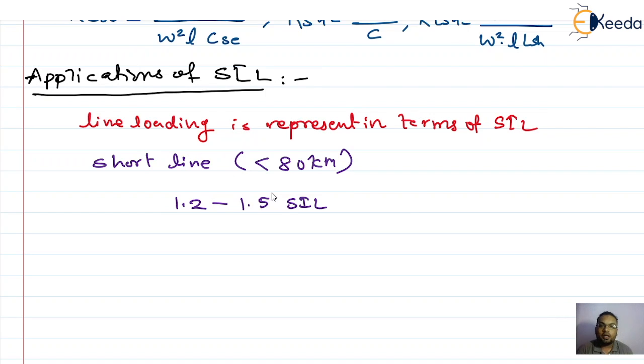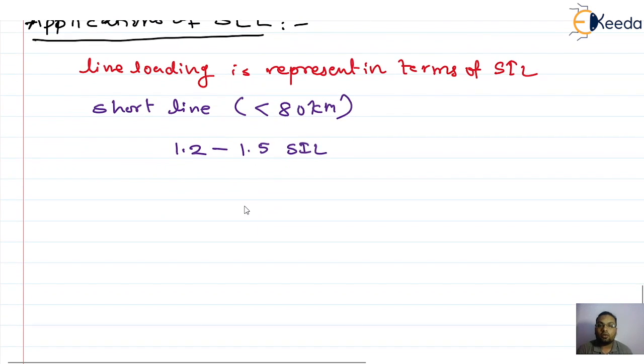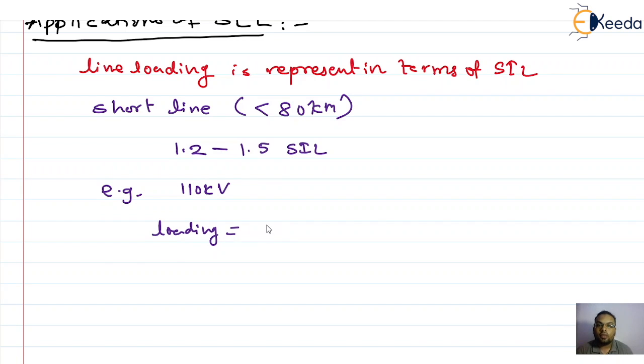Let us take any voltage level and calculate what would be the loading on this line. Let's say 110 kV, for example. Let us calculate the loading of the line. SIL we know how to calculate.